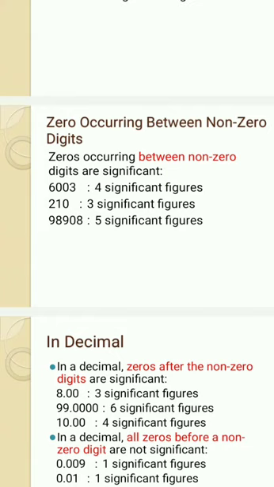You said that you can see the difference between point one, which is zeros after a non-zero digit are significant, and point two, which is all zeros before a non-zero digit are not significant.